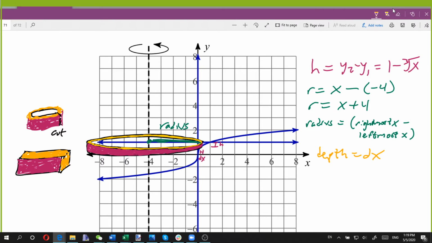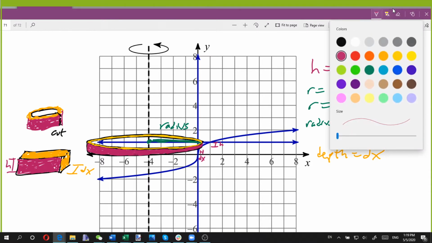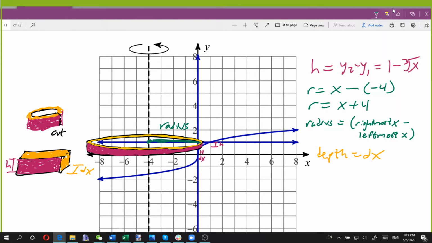So we've got our infinitely small dx, our height, and our distance. All the way around this cylinder would be 2 pi r, or our circumference.